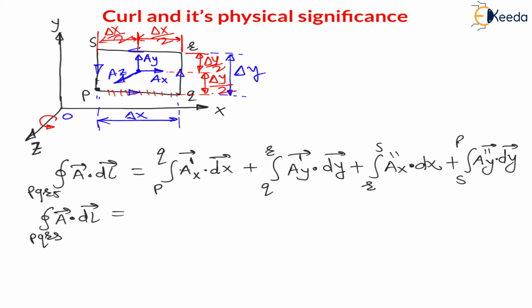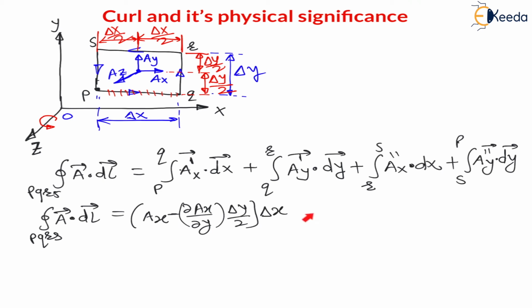Therefore, the dot product becomes Ax dash, and we have calculated Ax dash is nothing but Ax minus dou Ax by dou y into del y by 2, right? This is Ax dash, and the integration of small dx is capital del x, right?